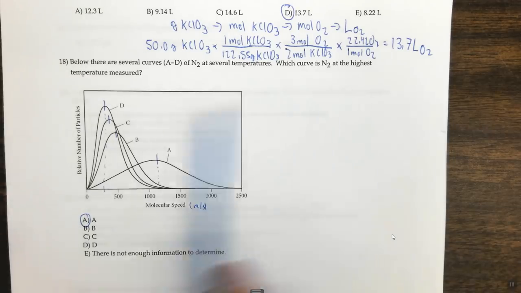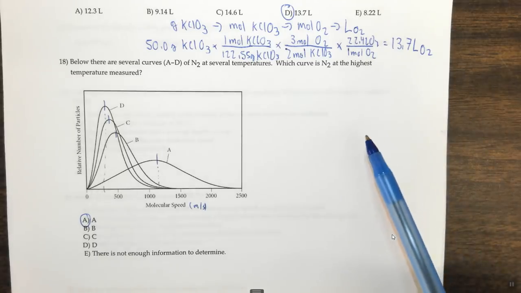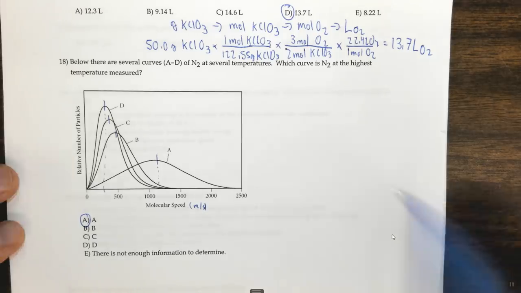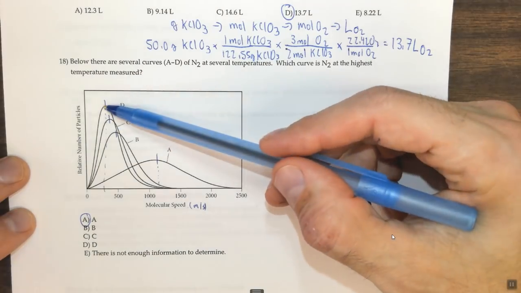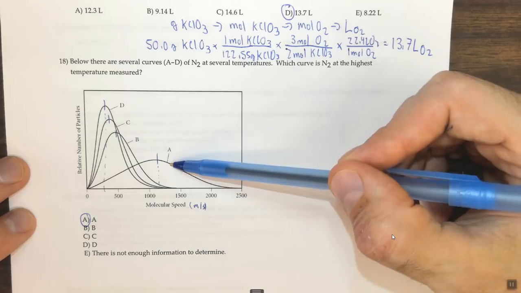One other thing I should mention here. In this question, we're asked about temperature, but in another question, you might be asked about molar mass. If you take molecules with different molar masses at the same temperature, bigger molecules will be moving slower. Smaller molecules will be moving faster.